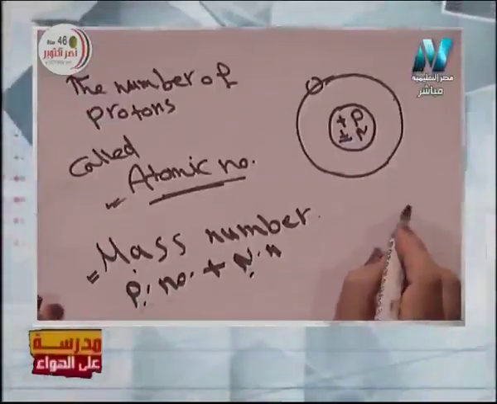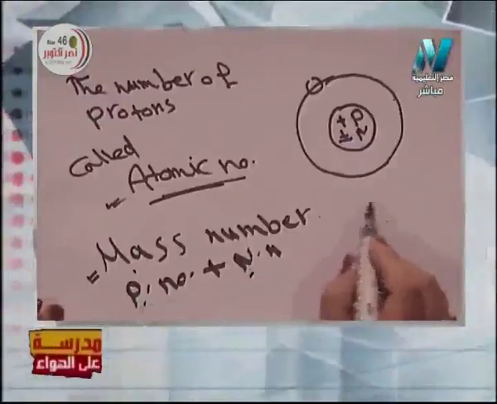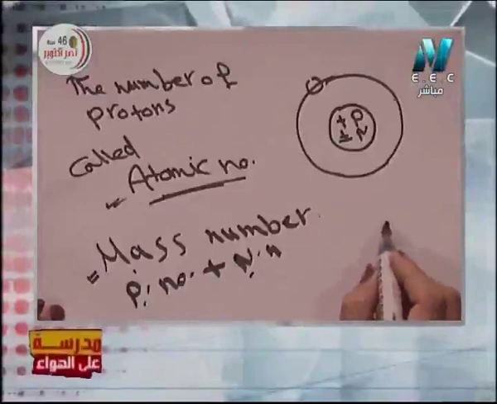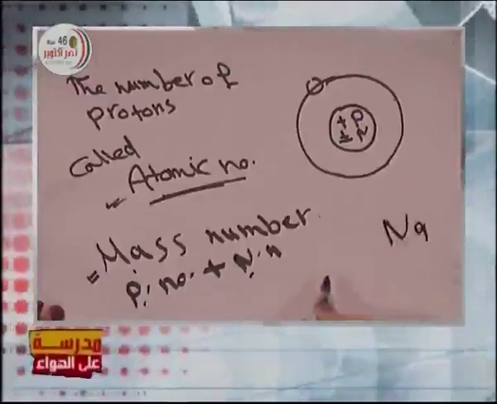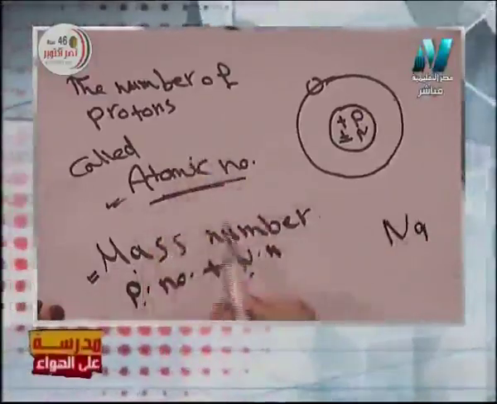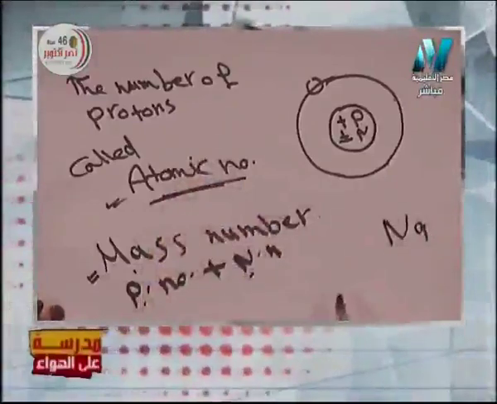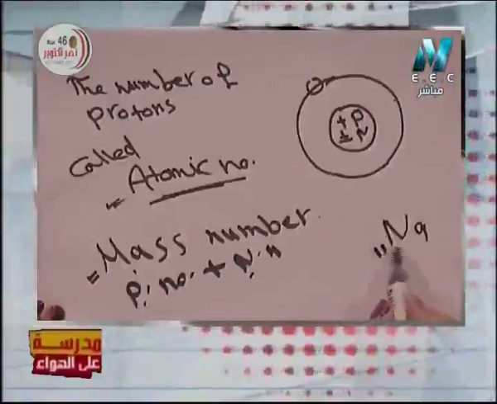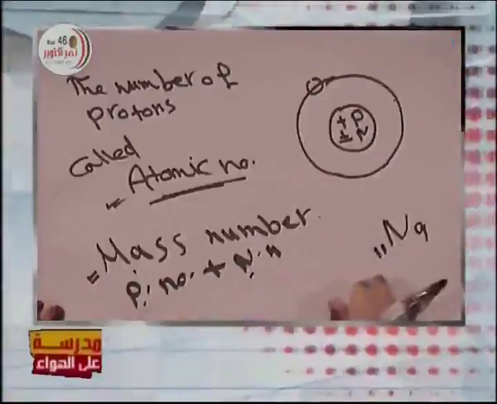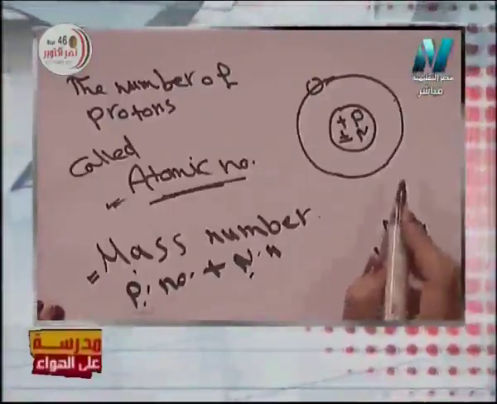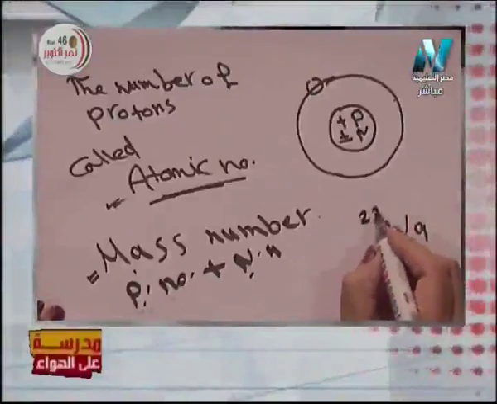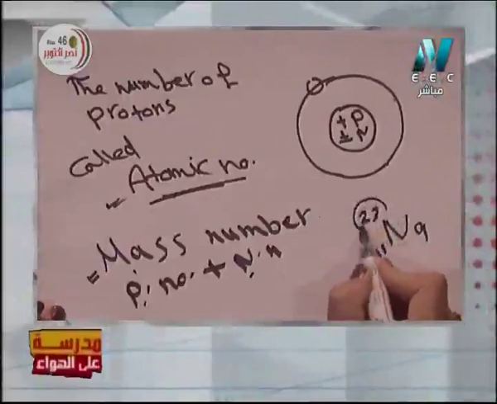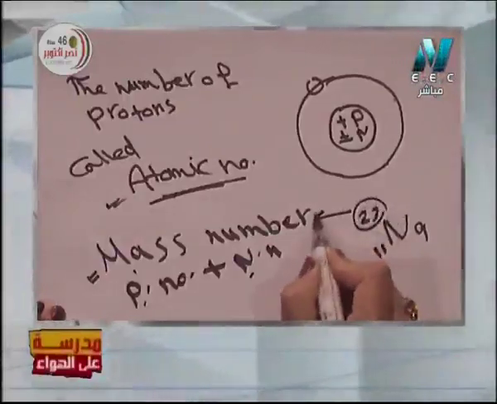We can write it in the symbol of element. Okay? So I have the symbol of any element as Na. We can write the atomic number and the mass number in the symbol. The atomic number is written under or below the symbol in the left side. Okay, the mass number is written above the symbol in the left side. So what is written here above the symbol is called? Mass number.